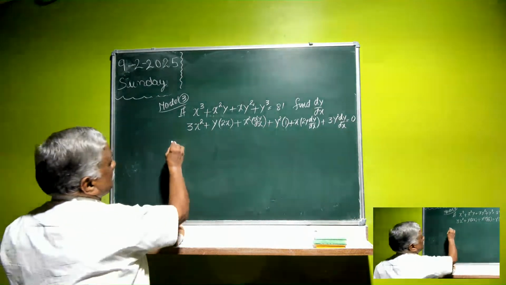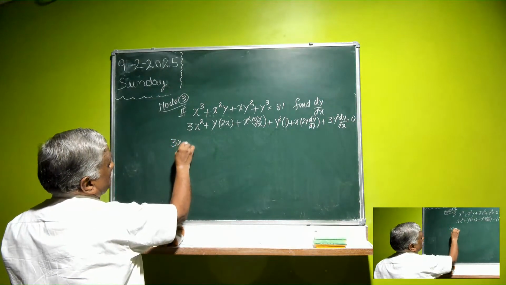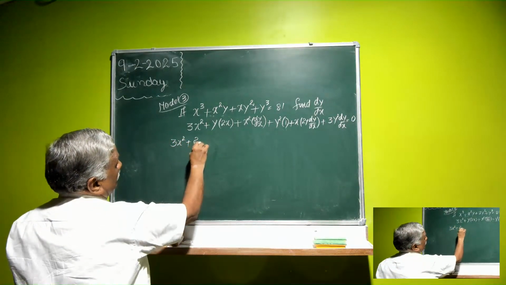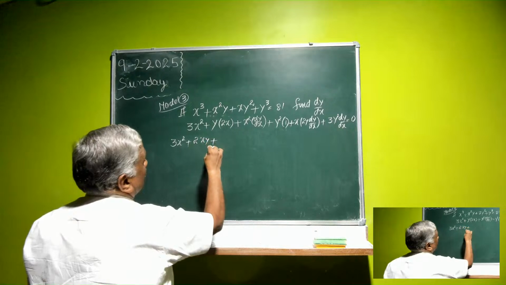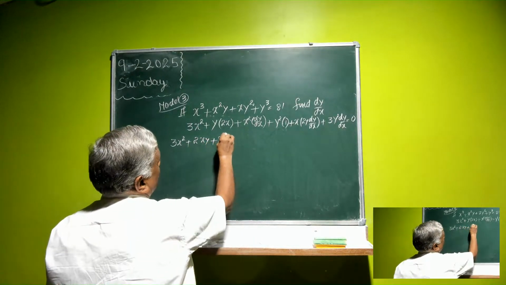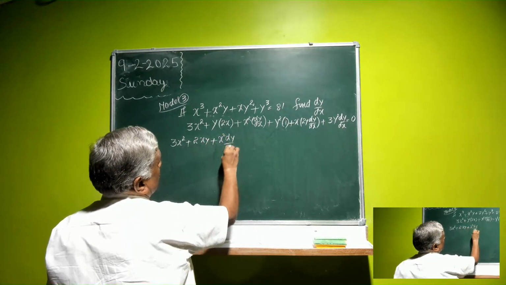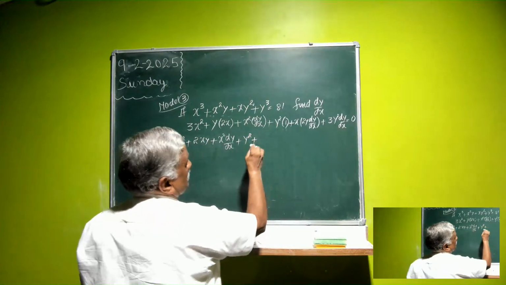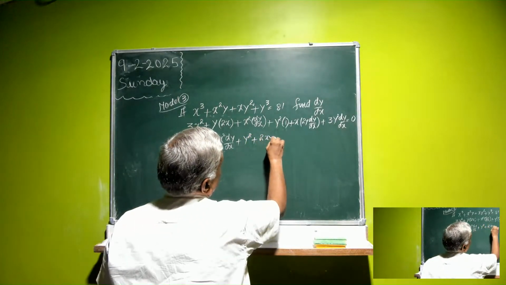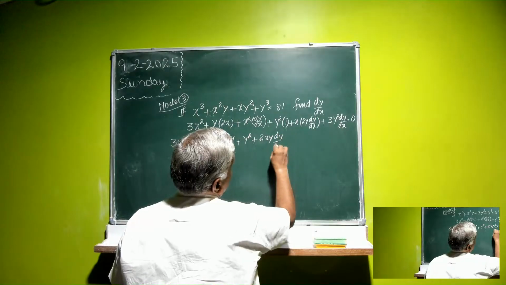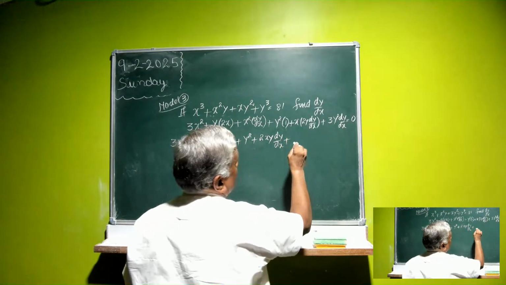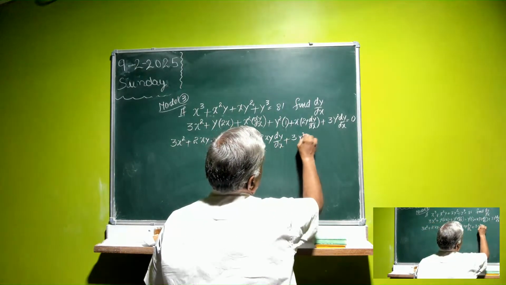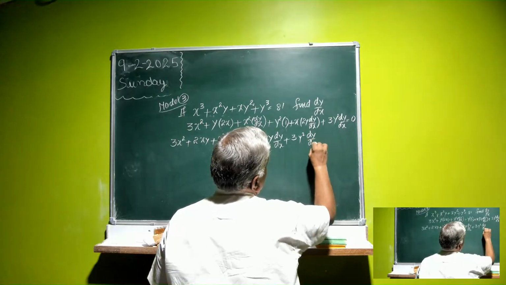Let us simplify this: 3x square plus 2xy plus x square dy by dx plus y square plus 2xy dy by dx plus 3y square dy by dx equal to 0.